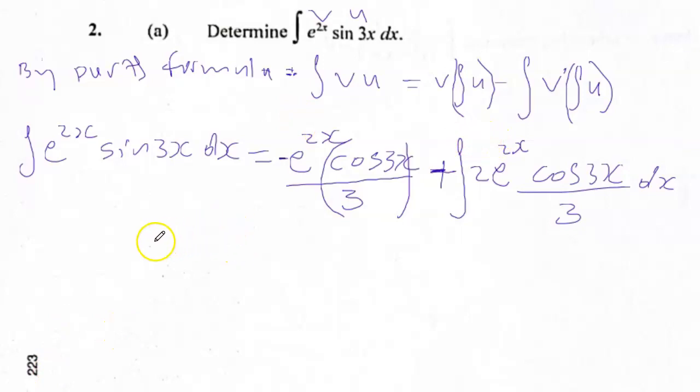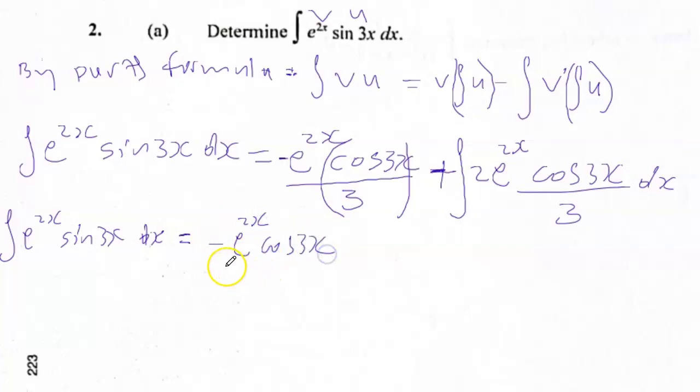Let me just repeat the process again. The integral of e to the 2x sine 3x dx is equal to minus e to the 2x cos 3x over 3, plus, and again I'm going to apply by parts to this. So again I'm going to let 2e to the 2x be my u, and cos 3x over 3 will be my v.